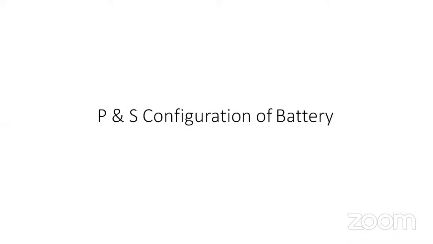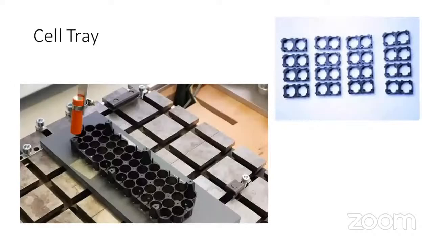Now we will start the CAD modeling. Initially you will be starting with the cell tray, or you can say cell holder. You need something to stack up the cells, something which is able to hold the cell. Some ready-made cell holders are available in the market for your DIY purpose, do it yourself.